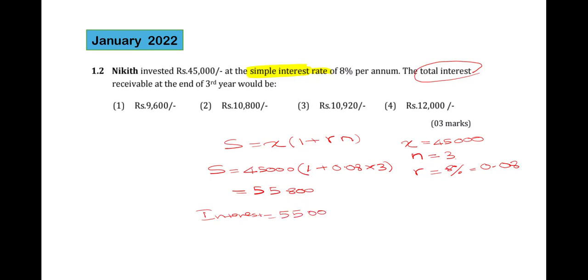Now 55,800 minus 45,000. Subtract 45,000. Now 10,800. Rupees 10,800. This is the answer. Now the second answer is the correct one. Right.